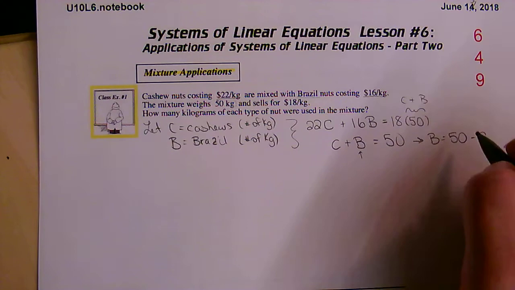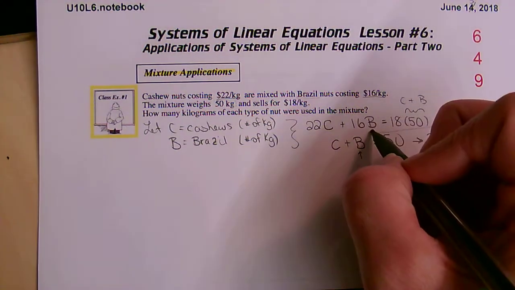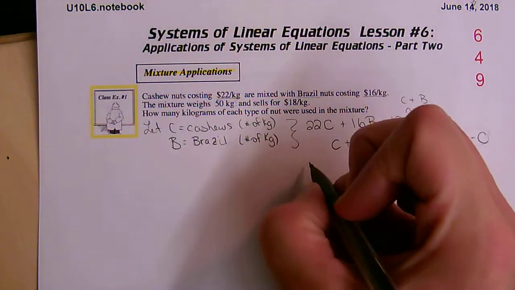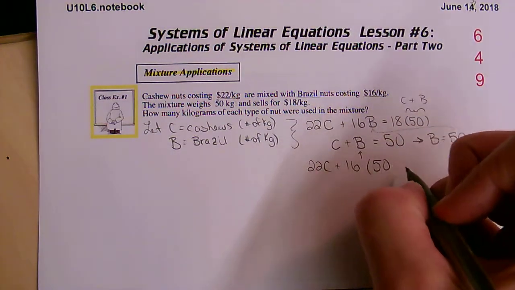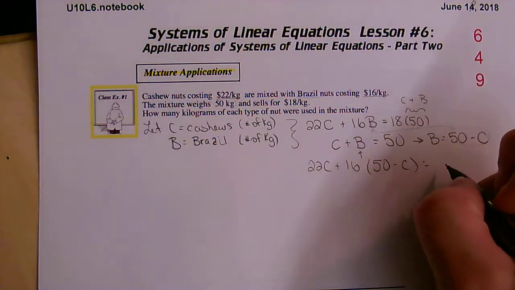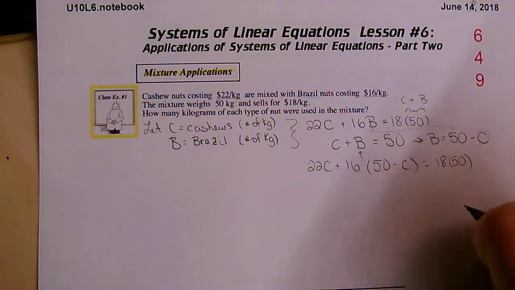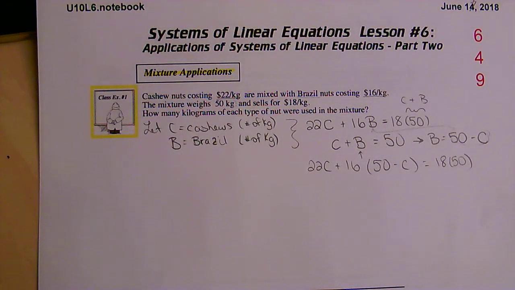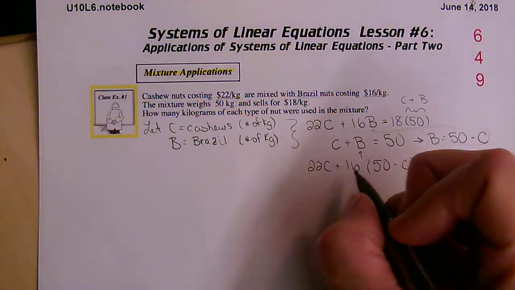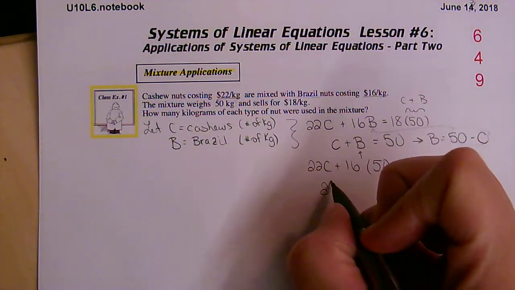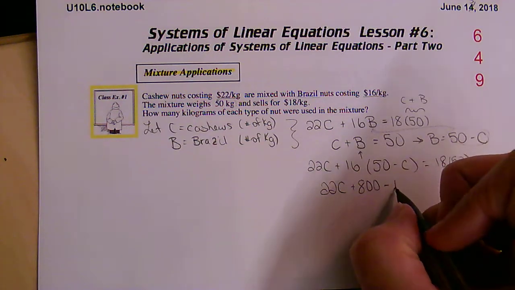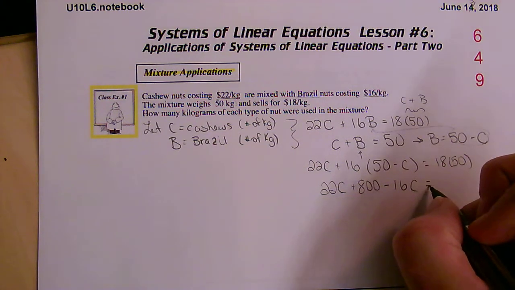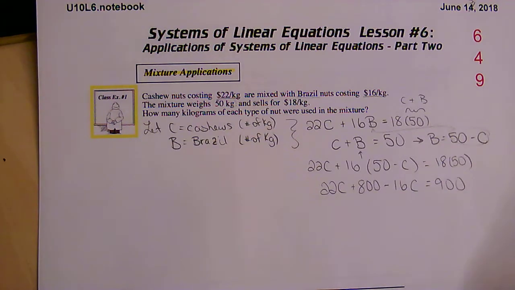Okay, so I'm going to substitute this in for that and get 22C plus 16 times (50 minus C). Okay, excuse me, so I'm going to distribute, and I get those numbers.